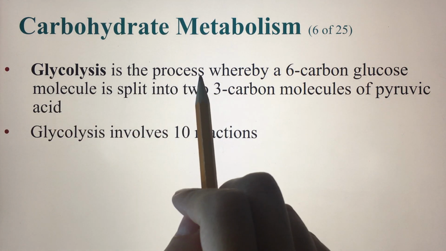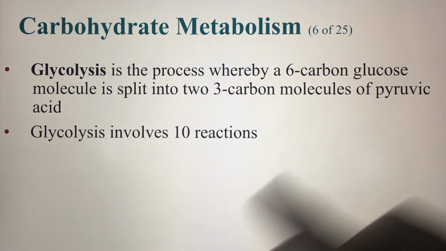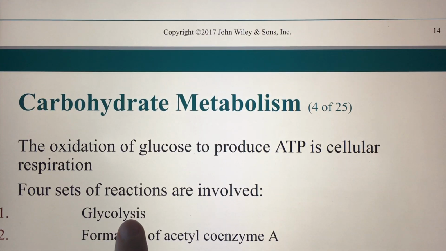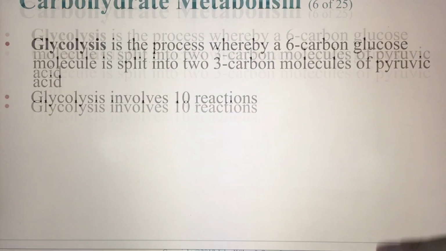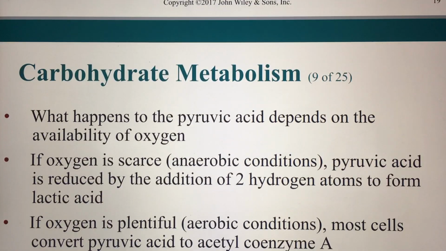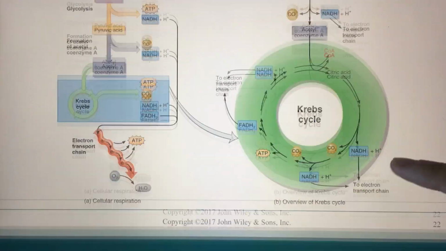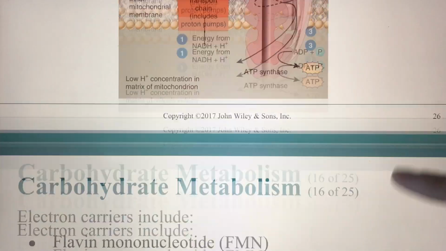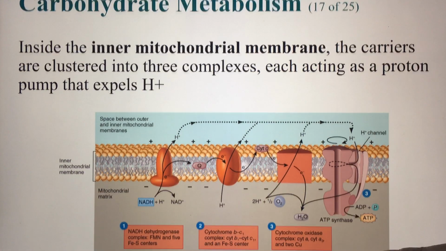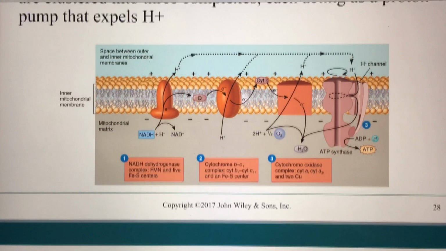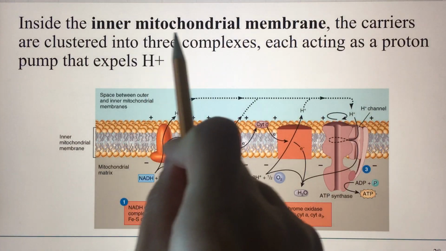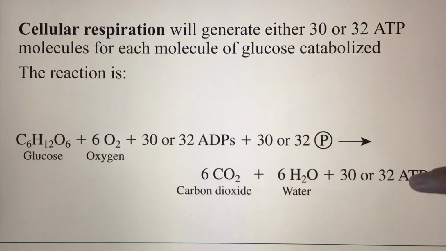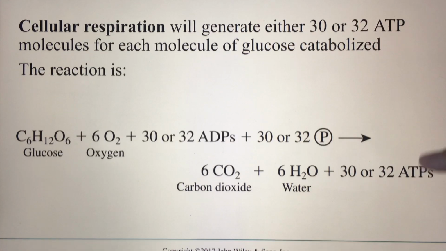Glycolysis is a process, a part of that first step of cellular respiration. We're going to skip these specifics. Too much chemistry for now. We're going to jump right into mitochondria. The process that happens in the mitochondria is the last step of cellular respiration.